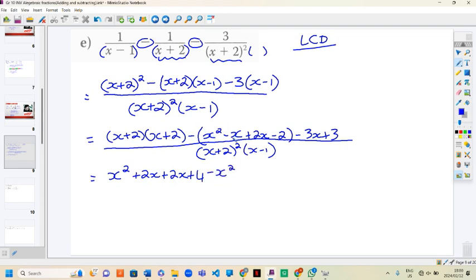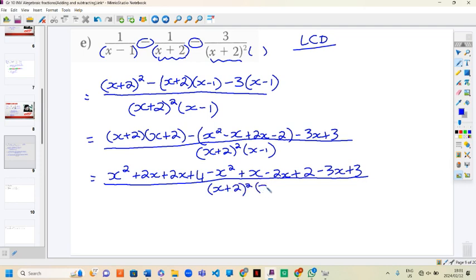Negative times negative is positive x. And negative times positive 2x is negative 2x. Negative times negative 2 is positive 2, minus 3x plus 3. And that is all over my beautiful denominator there, which is x plus 2 squared and x minus 1.